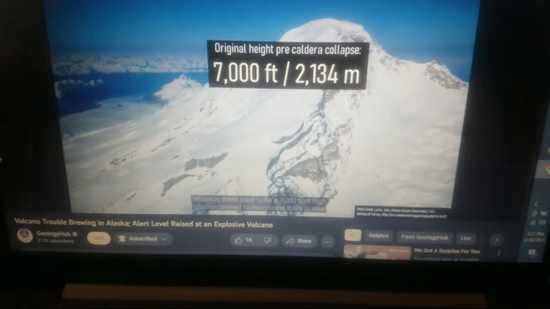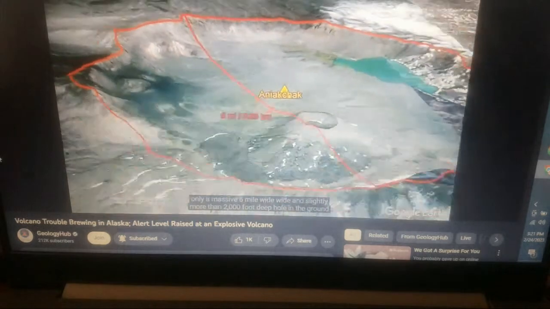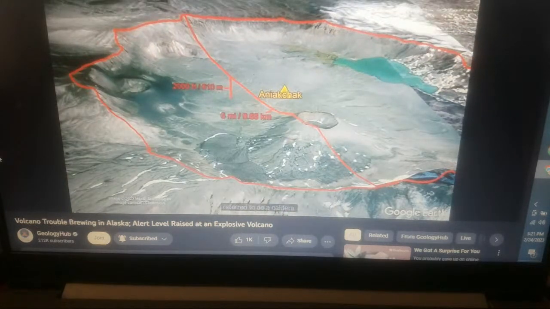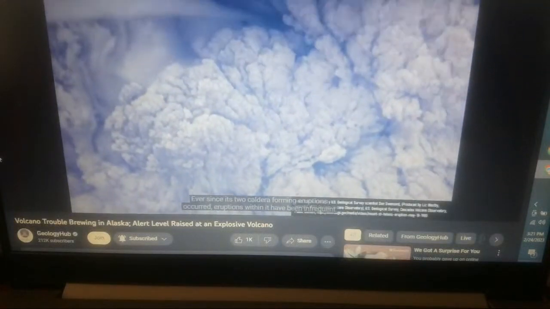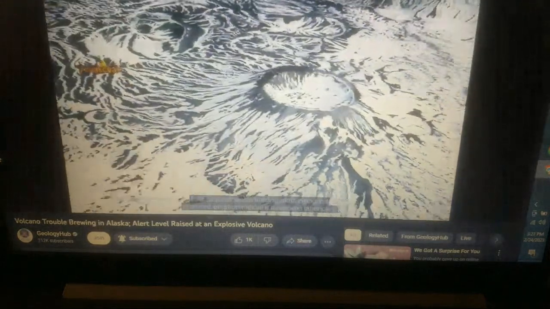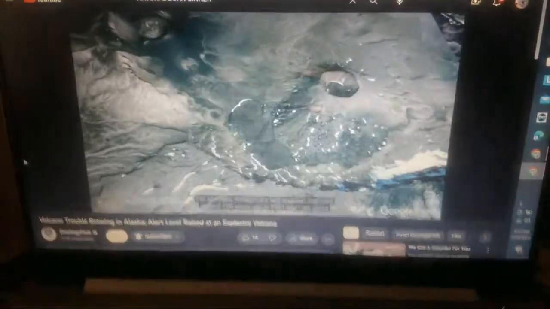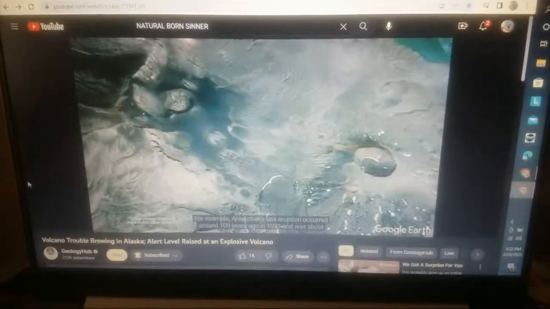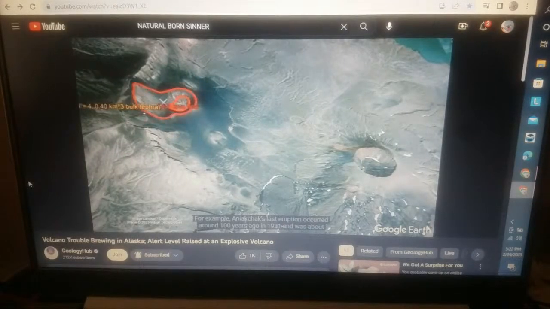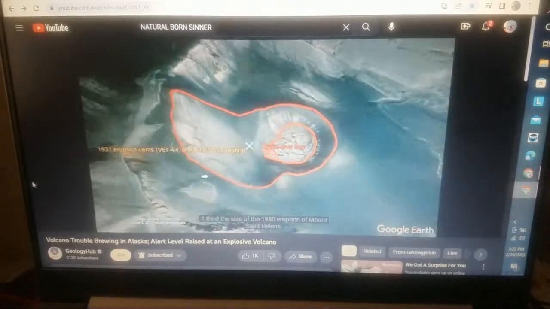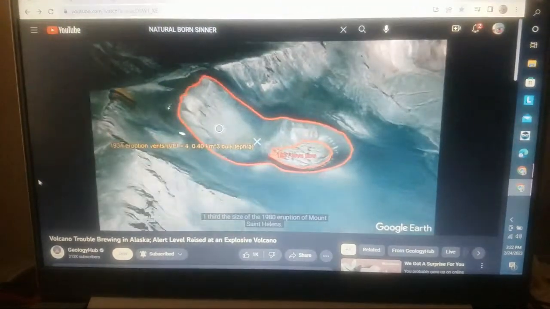Whereas there used to be a 7,000-foot high glacier-covered stratovolcano, there is now only a massive 6-mile wide and slightly more than 2,000-foot deep hole in the ground referred to as a caldera. Ever since its 2 caldera-forming eruptions occurred, eruptions within it have been infrequent, but when they do occur, have been for the most part highly explosive. For example, Aniakchak's last eruption occurred around 100 years ago in 1931 and was about 1/3 the size of the 1980 eruption of Mount St. Helens.